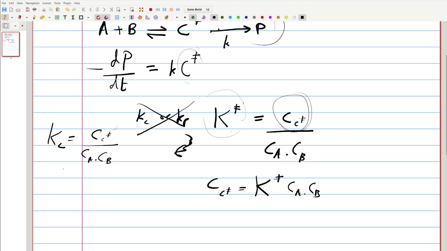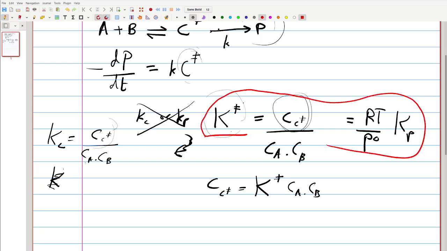To do that you have to use P equals nRT, do a whole substitution, and ultimately you arrive at this expression for K double prime, which I'm going to write on the side: K double dagger is RT over P naught times Kp. We'll come back to this expression.